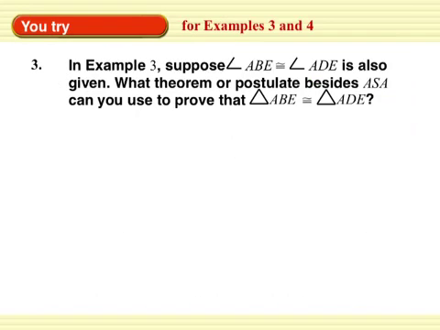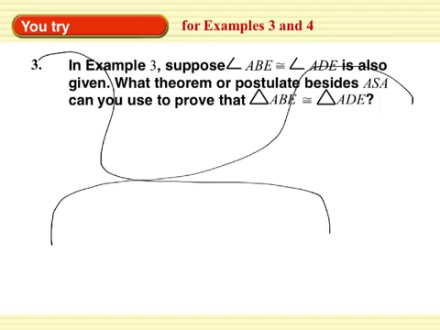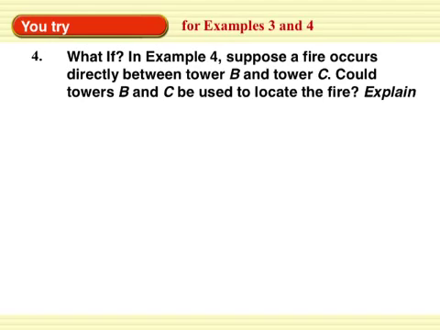Okay, you try. We're actually not going to do this one. Next, another you try. Now we're back to the fire example. Example 4 was the fire towers. Suppose a fire occurs directly between Tower B and Tower C. If you remember, I had Tower A here, and then B, and then a fire. We should make that red.